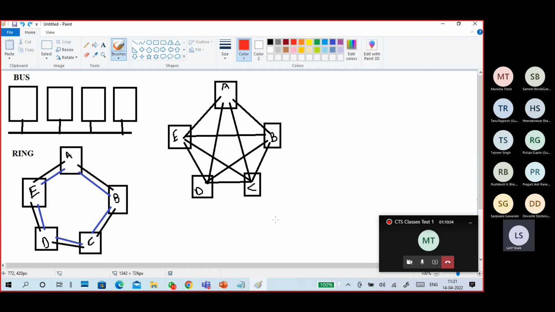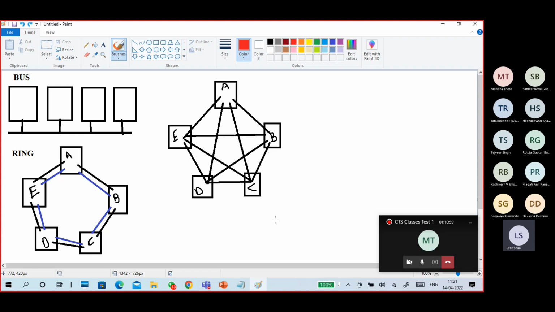That is redundancy. Having multiple ways or multiple things, duplicating things, is redundancy. If one is lost, no problem, in another way we will get it. That is called redundancy.